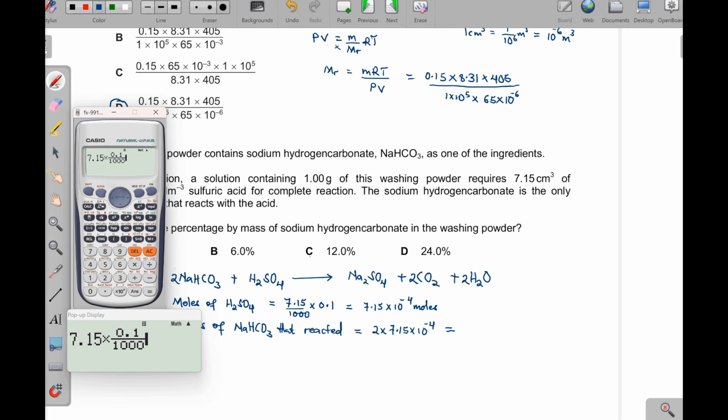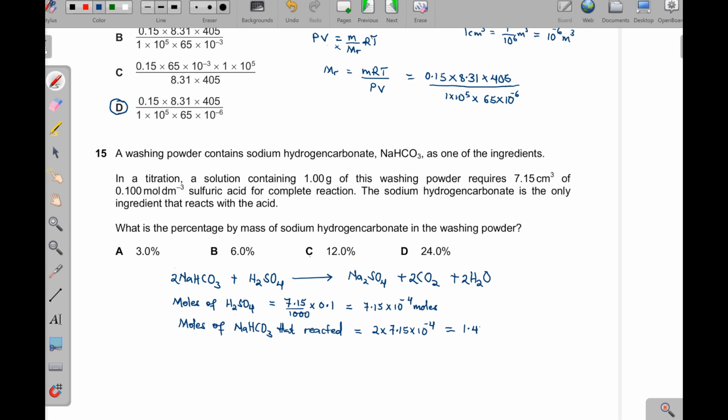The answer we have here, we multiply it by 2, then we get 1.43 times 10 to power negative 3 moles. You see that?